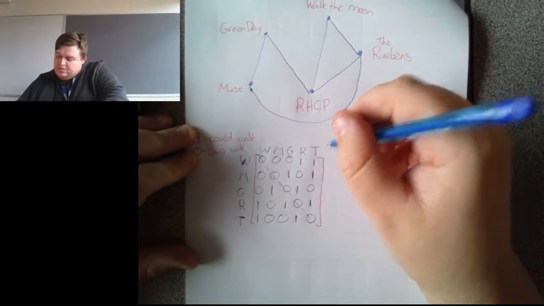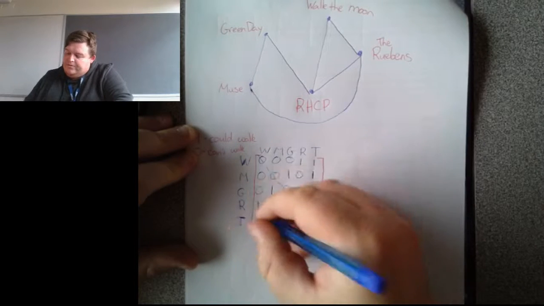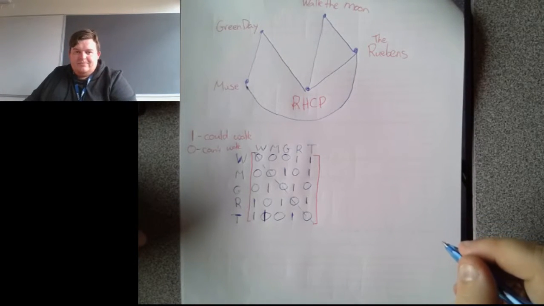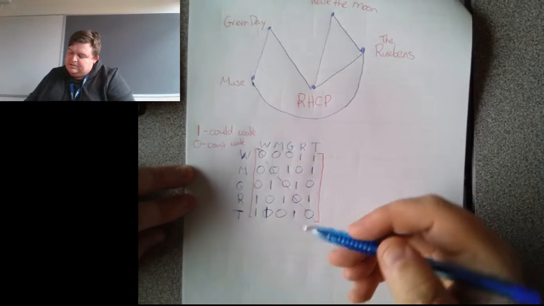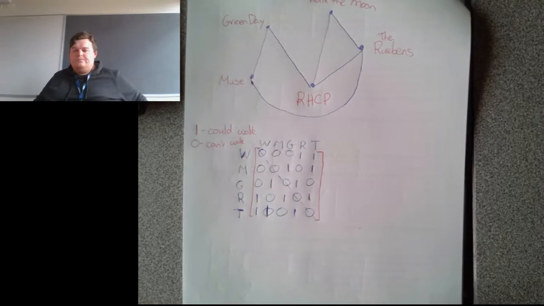I must have stuffed this one up from the Rubens to Muse. So there you go, I made a mistake and I just found it by using this method. So that matches up to there. Zeros, ones. Cool. The rest of it looks good. That's a good way to check if you've got it right.